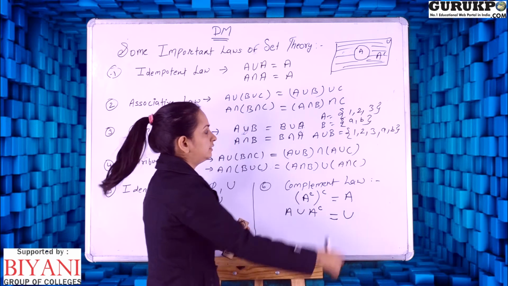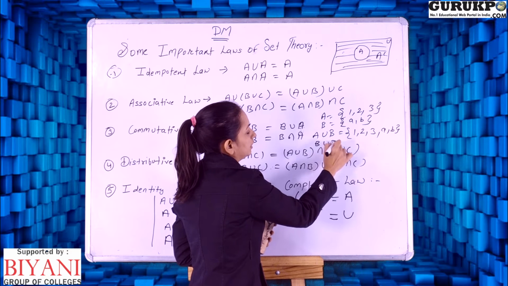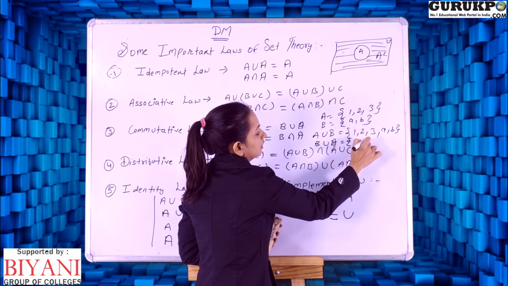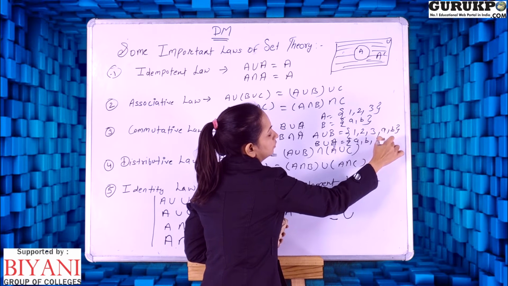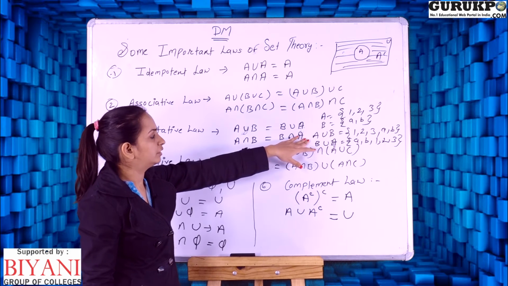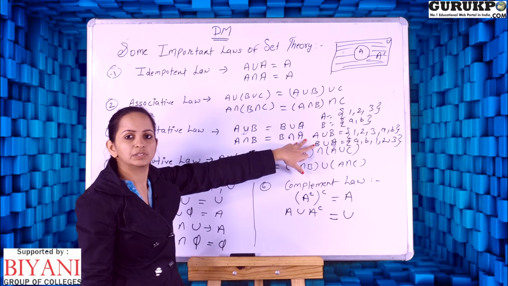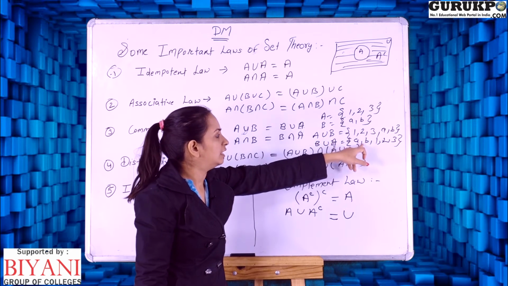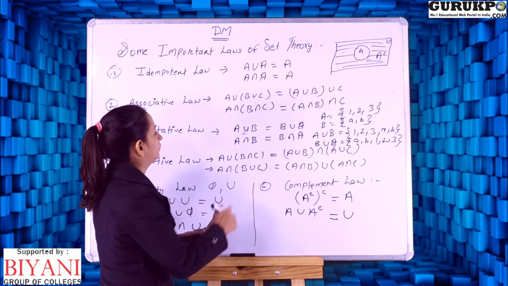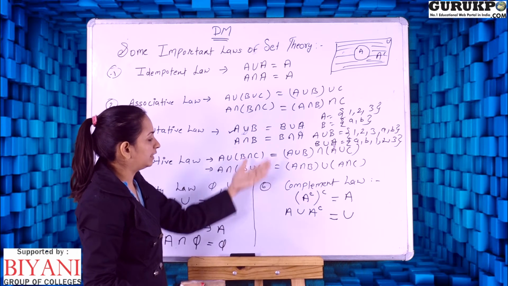Okay, and if I get B union A, what will I get? I will get the same set: a, b, 1, 2, 3, and these two sets are exactly equal. So A union B is equal to B union A because the elements of these two sets are the same. So this law is proved. In this way you can prove any of the laws.